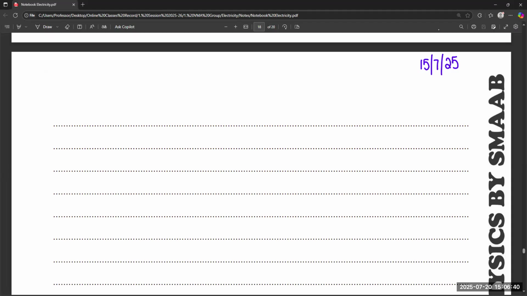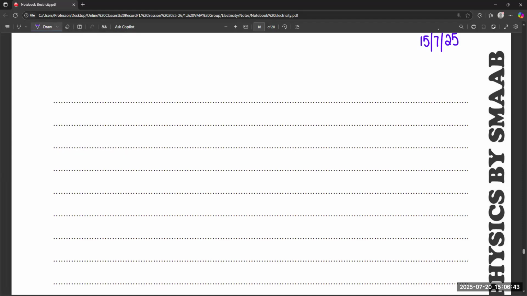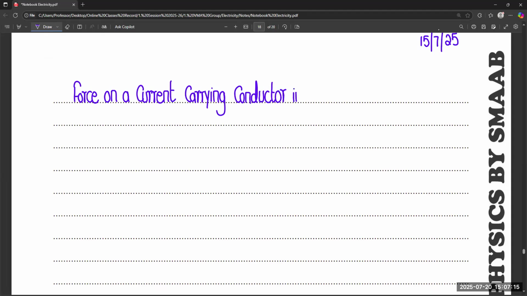So, force on a current carrying conductor in a magnetic field.